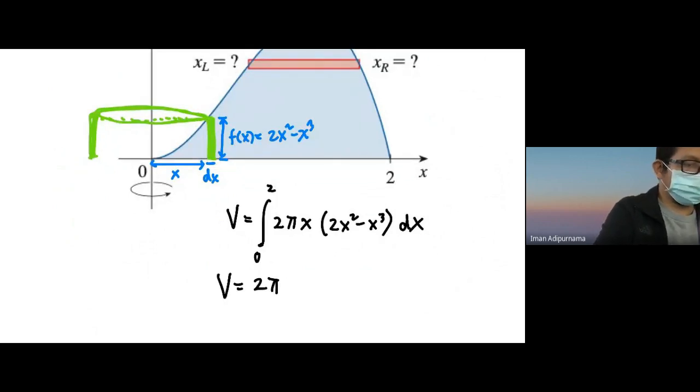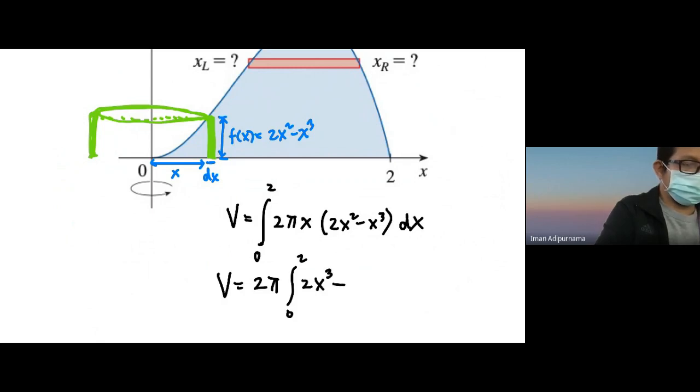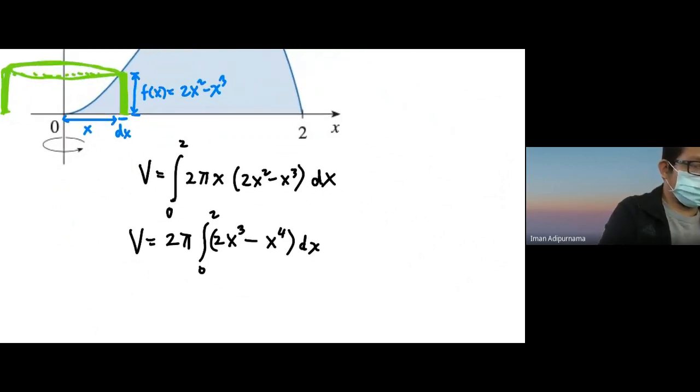Let's move this 2 pi outside, and this will be 2x cubed minus x to the power of 4. And let's integrate 2 pi, and then 2x cubed is x to the 4 over 2, and x to the 4 will become x to the 5 over 5.